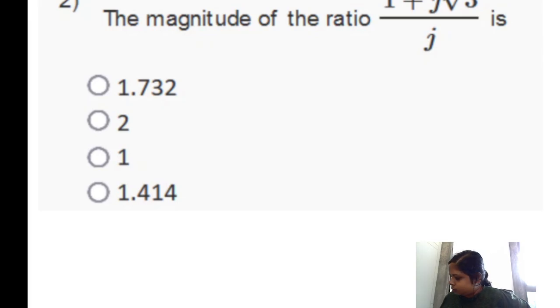Okay, so I hope everyone knows all of these already. Now the next question: given this complex number, what is the phase angle? So how would you find the phase angle for this?